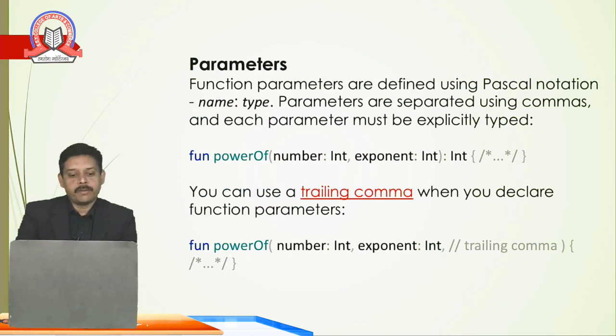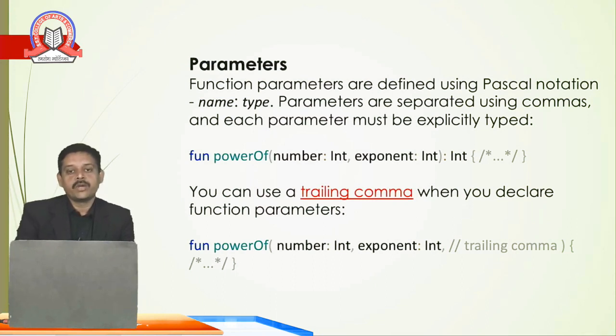Now what is meant by a parameter? As we have previously discussed, the function parameter is defined by using Pascal notation, that is, followed by the name and the type of the parameter. These parameters are separated by commas. It means that we can use multiple parameters for one particular function.